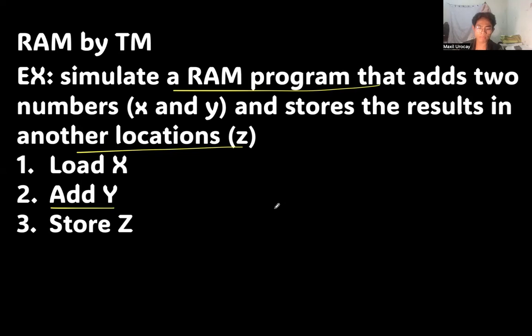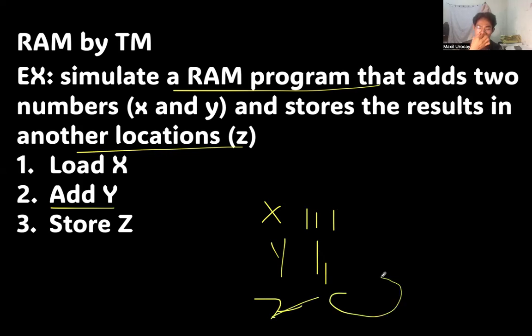For example, X will be 1, 1, 1, and we load Y, which is 1, 1, as well. And we have Z, where we can store our output, so we store the result in memory location 3.